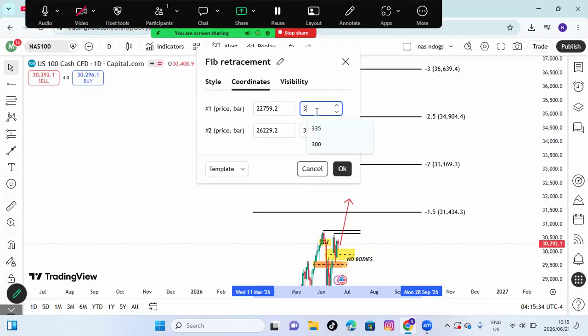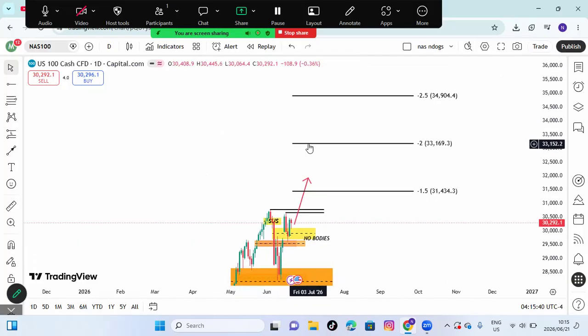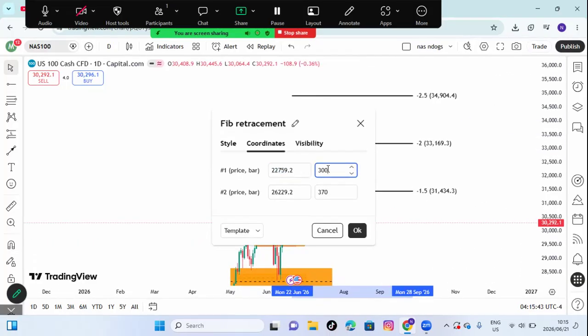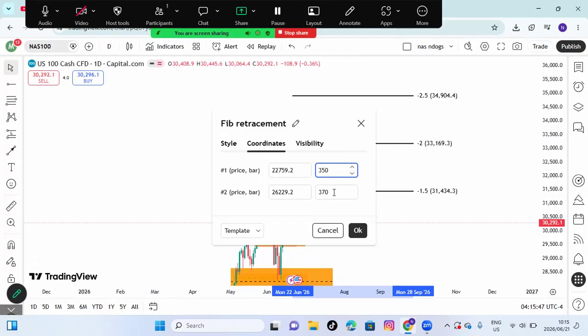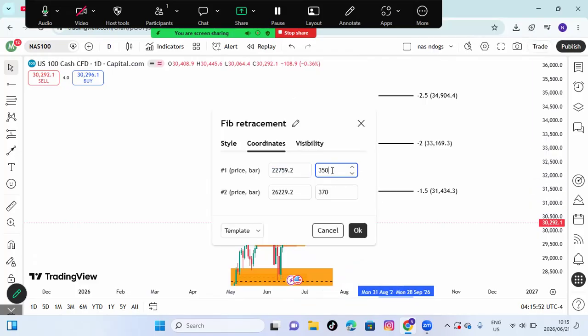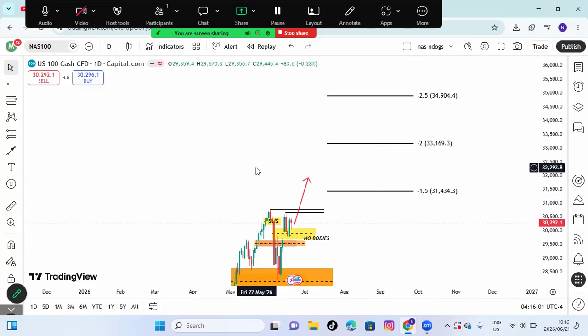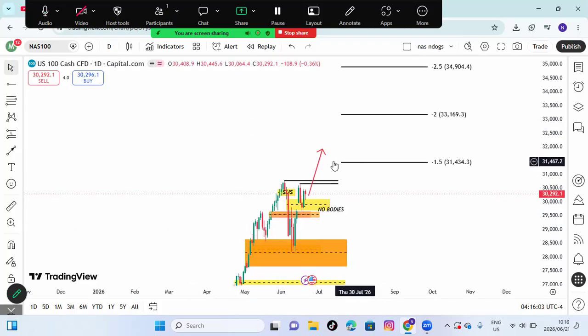Number two, 300, and then 50. There we go. No, 50 is too much. Put a 10. Yeah, that's more like it. So that's the next level we're going to, looking at it there.